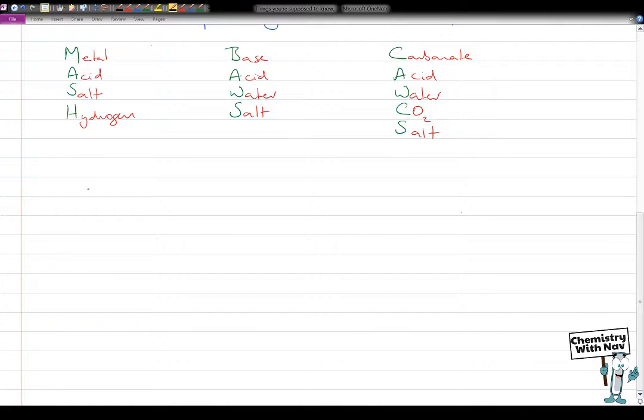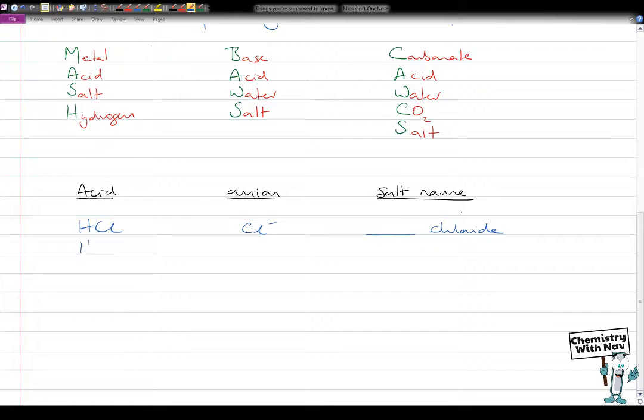But then we need to look at salt names, and salt names are derived from the acid that was used in the reaction. If we look at the anion in the acid, which is the negative ion, then we will find the salt name. So if we use HCl and we take off the H+, which is the cation, then the anion is Cl-, and the Cl- ion is the chloride ion, so the salt name is always something chloride.